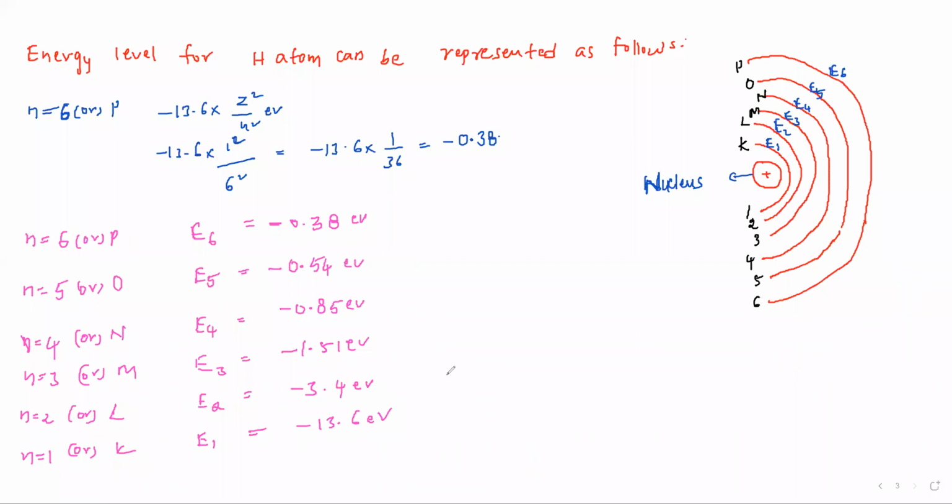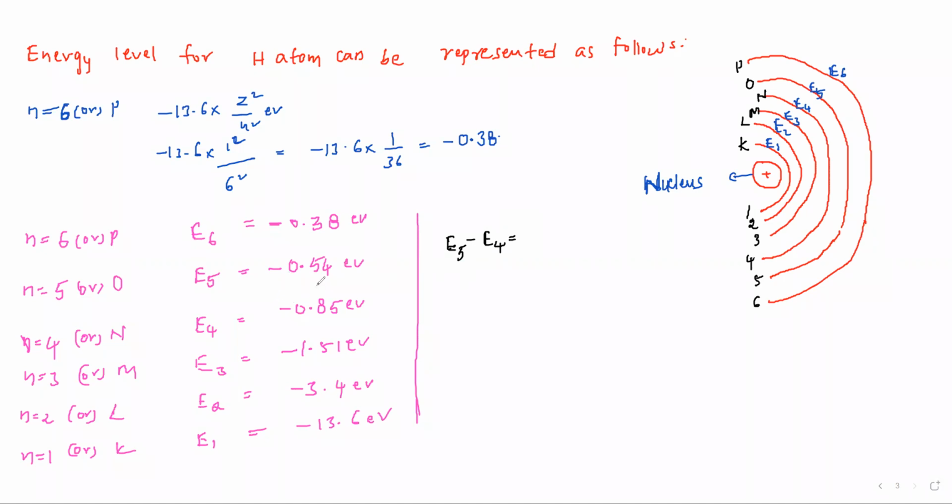Now listen, these are the energies of electrons in the different energy levels. Now, the difference between the 5th level and 4th level: what is the 5th level energy here?